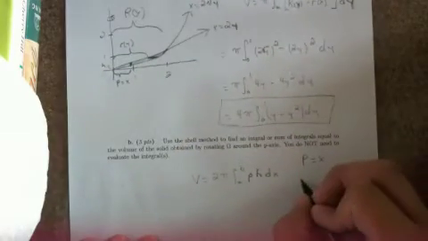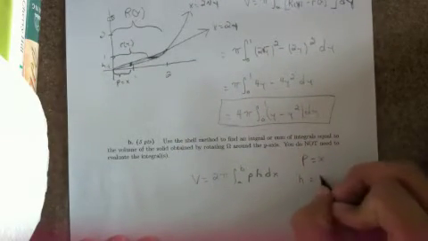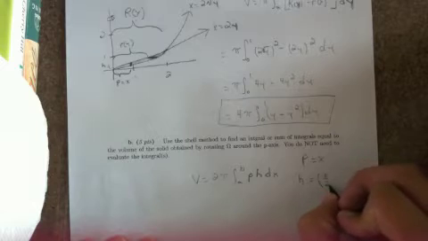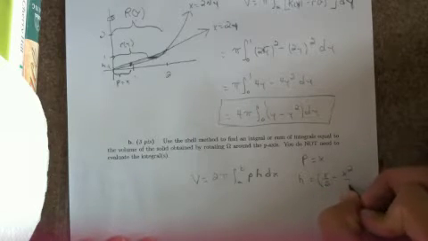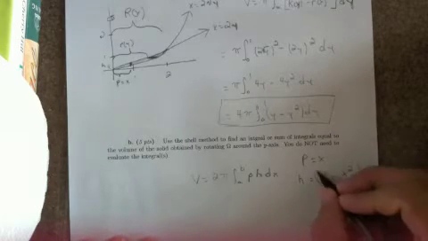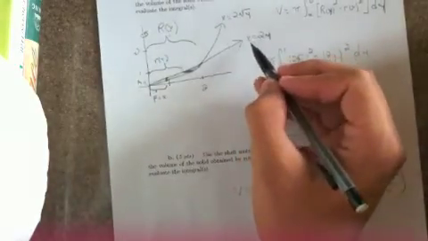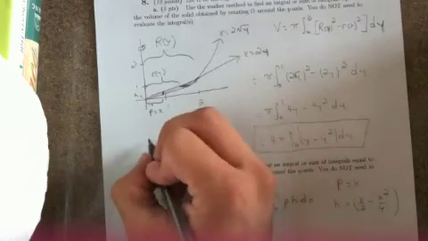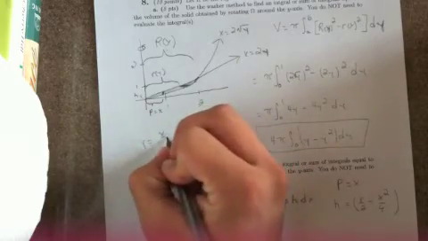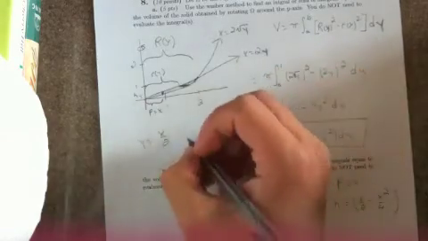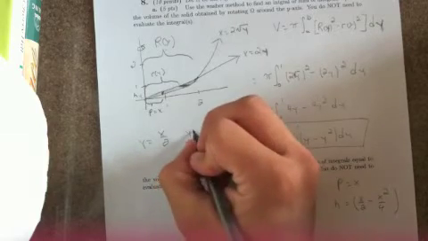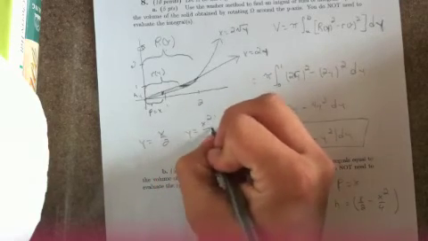Which just so happens to be x over 2 minus x squared over 4. And I found that by solving these for y. So you take your equations and solve them for y: you get y equals x over 2 for this one, and you get y equals x squared over 4.